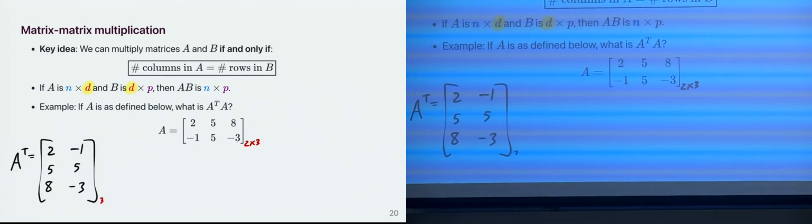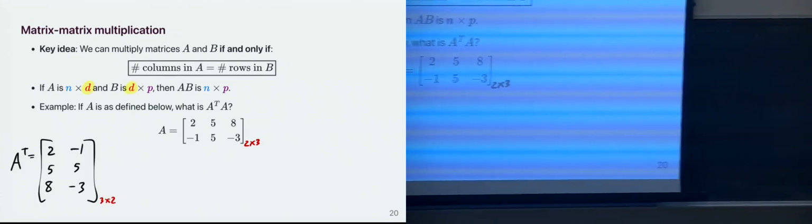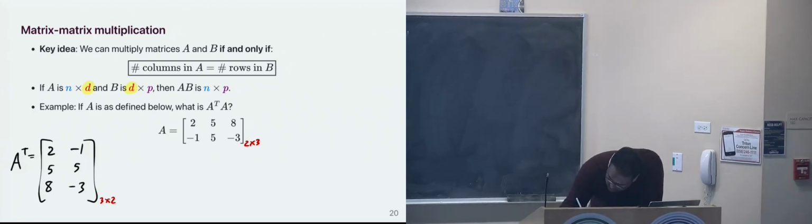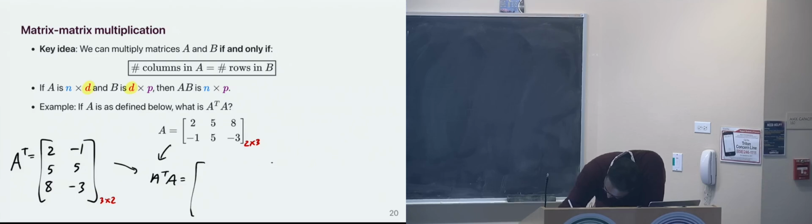This has 3 rows and 2 columns, and note that I can multiply A transpose A because these inner dimensions match up: columns in A transpose, 2, rows in A, 2. So the result, what is its shape going to be?